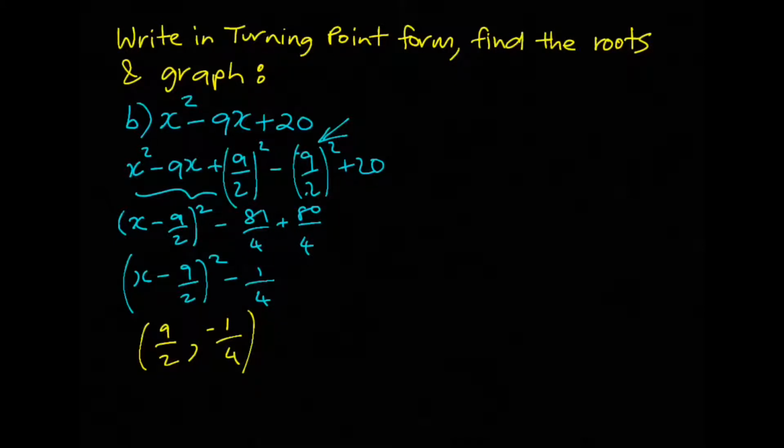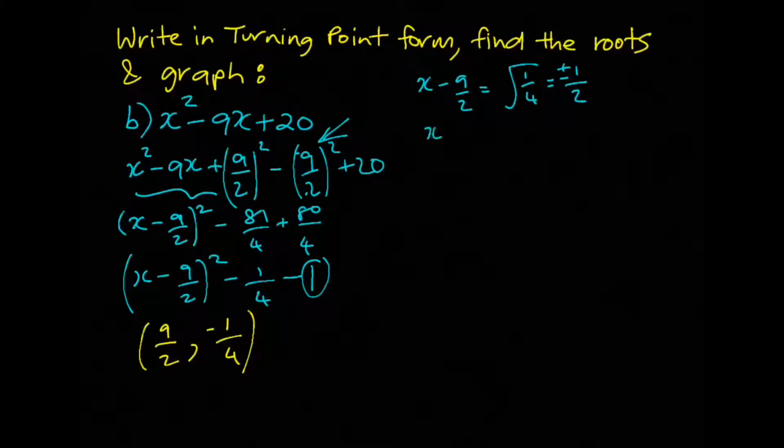So let's go ahead and solve this equation to find the roots. So we've got x minus 9 on 2 is equal to the square root of 1 on 4, which equals a half, and that's a plus or minus.